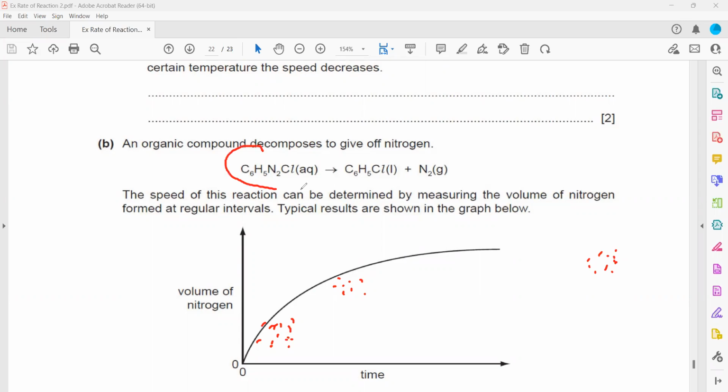You cannot say limiting reagent here because there is only one reagent. So you will mention the reactant is used up. The number of reactant particles decreases. That's right, so fewer collisions between the particles, which reduces the rate as well.